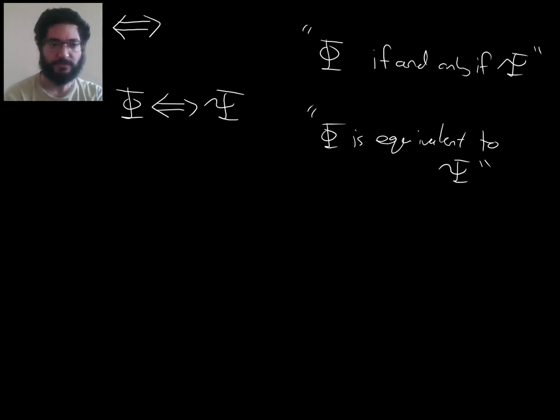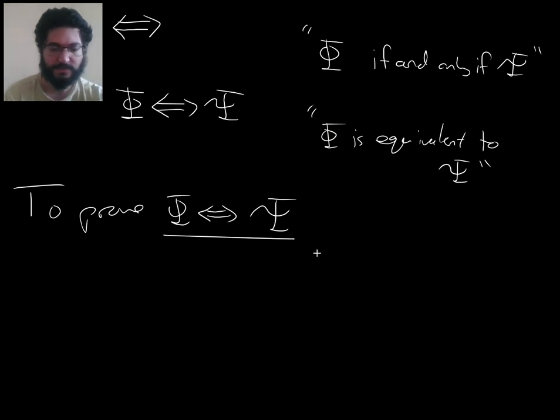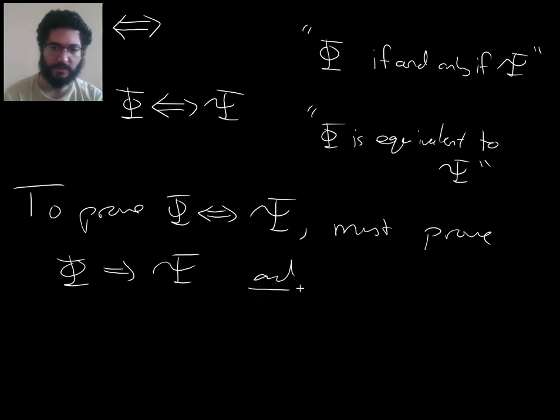How to prove? It's going to be harder to prove than an implication, because to prove it, you actually need to prove both of those implications that I wrote down. So to prove the equivalence, you must prove two things. So your proof will split into two parts. Phi implies psi, and psi implies phi.